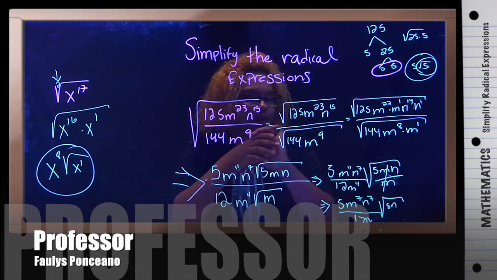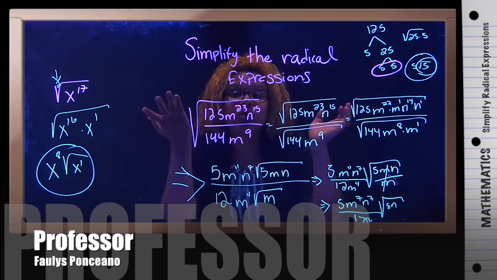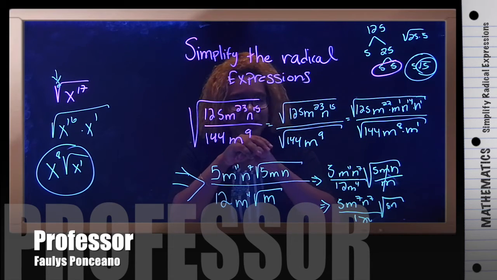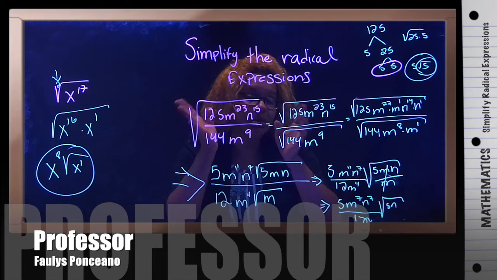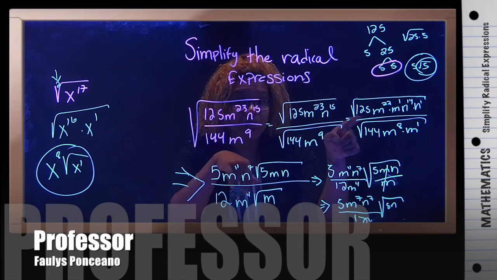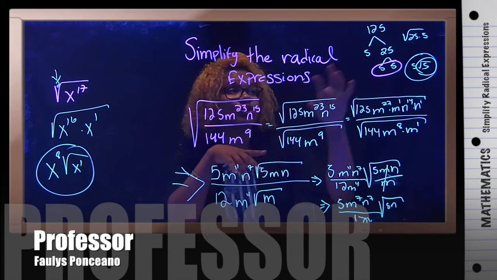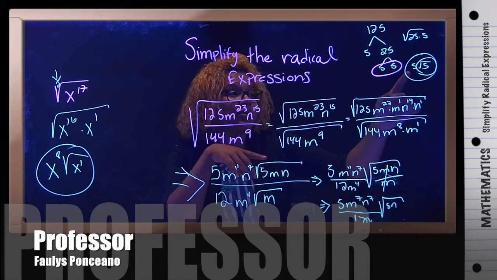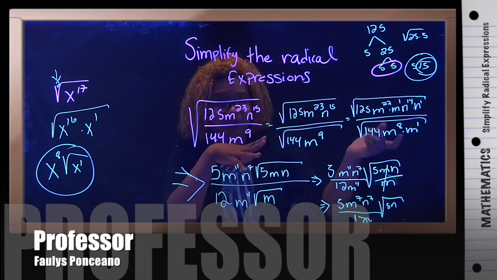Excellent. And then you said, now I'm going to take out whatever I can from the inside, and whatever cannot come out will stay inside. You did that in this step. Notice that 125 is not a perfect square, so you did this right here, and it showed you that 125 simplifies to 5 square root of 5.